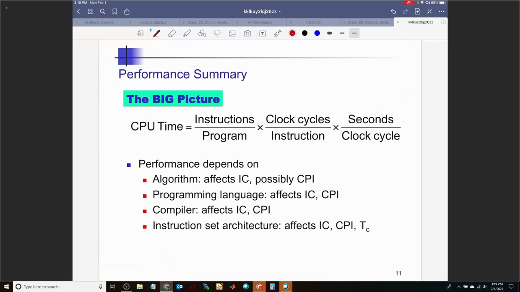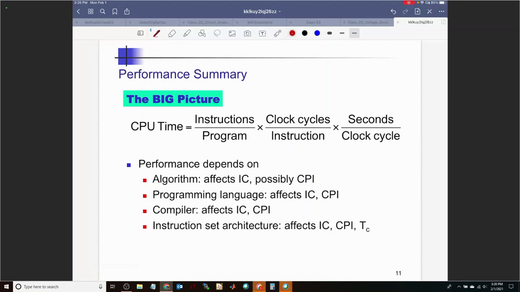Now this is the summary of our performance equation. This is essentially your classic CPU performance equation that we have written out here to calculate CPU time, right? One equation that can be used to interrelate several of the parameters that we look at when quantifying performance of a computer.